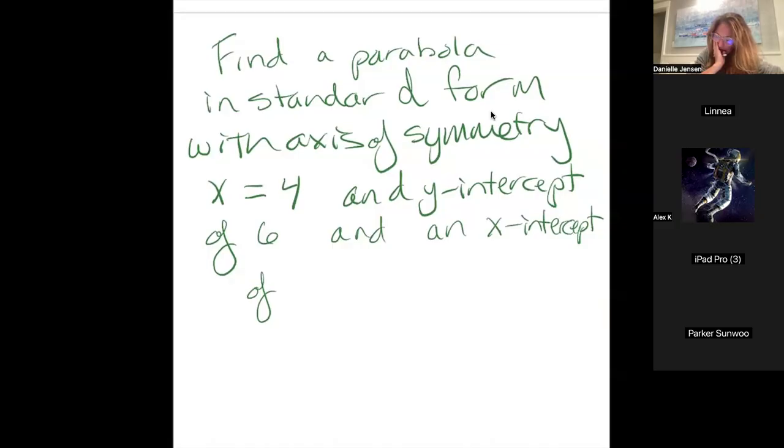Let's do an x-intercept of 8. Okay, so find a parabola with those properties. And eventually you've got to put it in standard form, your end answer. So axis of symmetry, and I've given you a y-intercept and an x-intercept.